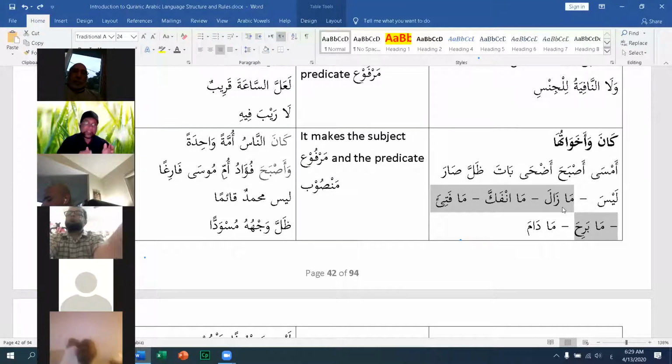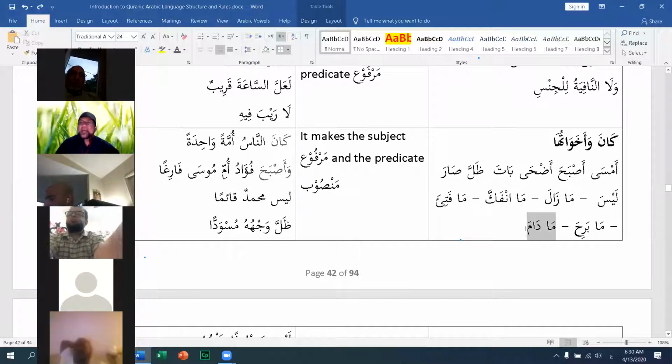But it means the same thing. Ma zala. Zala means to change or to be removed. Ma zala is used to mean to remain. So ma zala Muhammadun qa'iman. Muhammad is still praying. Ma infakka Muhammadun qa'iman. Ma fati'a Muhammadun qa'iman. Ma bariha Muhammadun qa'iman. He's still praying. Are you following?